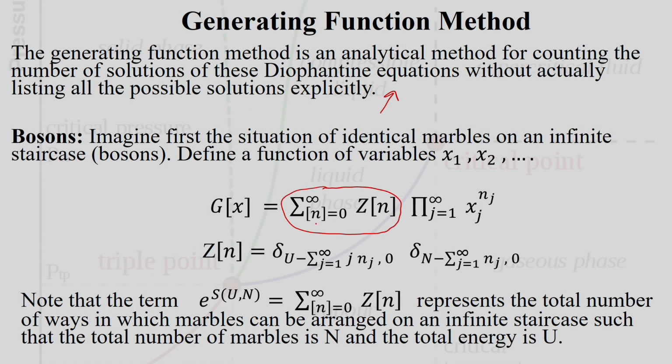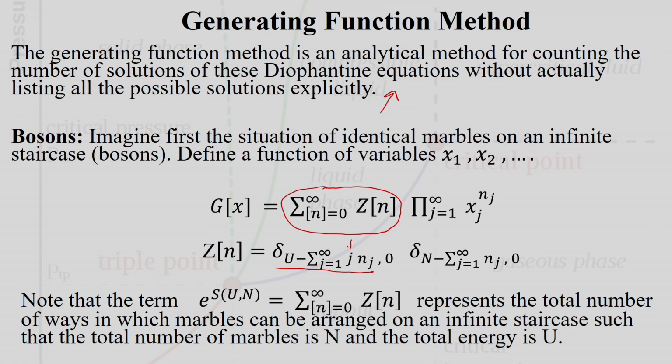It is a sum over all the different possibilities where I am constrained by this constraint, which says that the total energy is fixed. I have assumed that the energies are like the steps of a staircase, all equidistant. That is why there is a j there, and this is called a Kronecker delta.